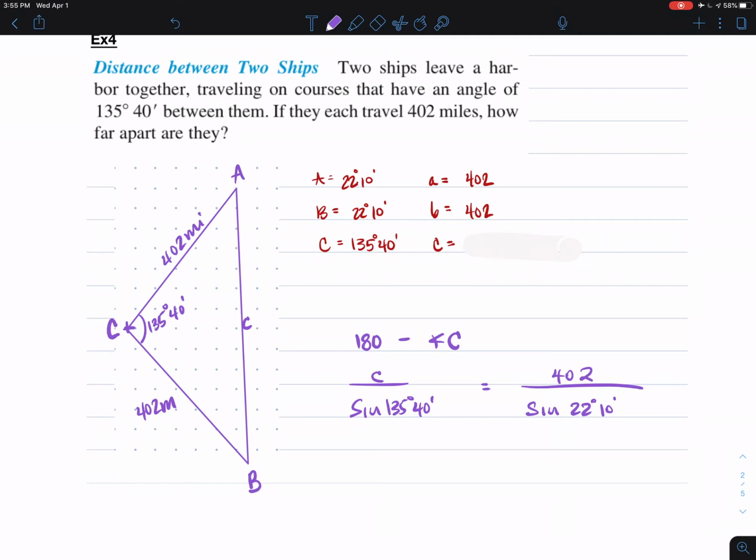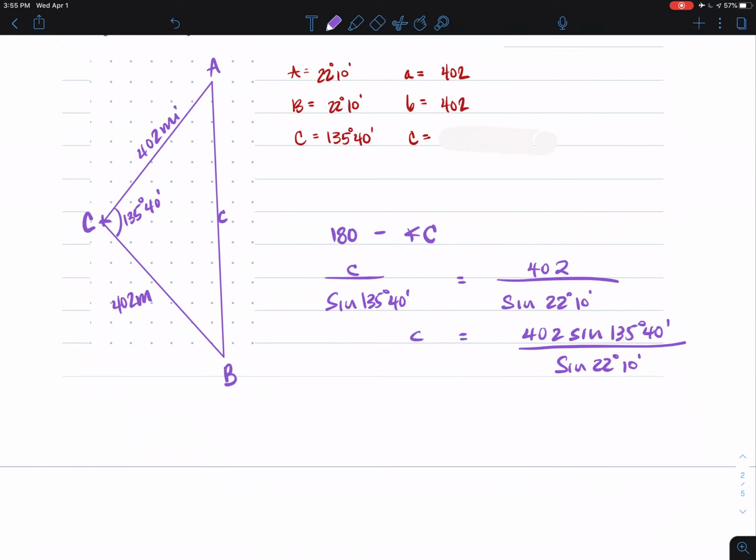Multiply on both sides by the sine of the 135 number. And so you're going to have 402 times the sine of 135 degrees 40 minutes, all divided by the sine of 22 degrees 10 minutes. And I will leave you to enter that into your calculator, but I will unhide for you that side C is 744.5766 miles. And this is the final answer. This is how far apart those two ships are.